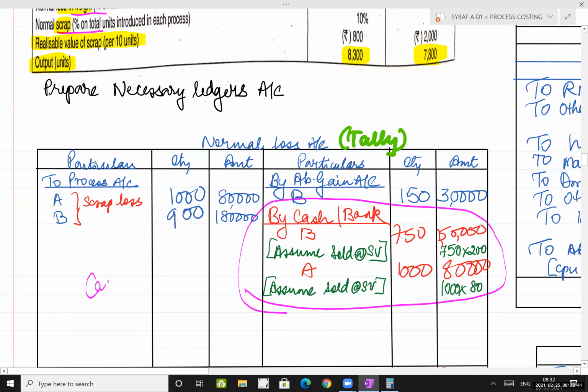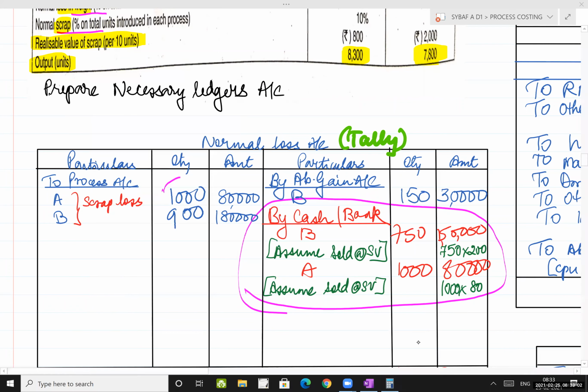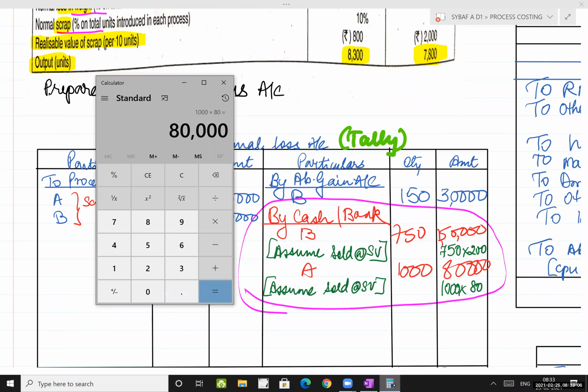What will be the journal entry? Cash bank to normal loss account. Second entry, or you can say step 2. So A is how much? 1000. Assume it to be sold at scrap value. The 1000 multiplied with 80 is 80,000. And for B it is 200.